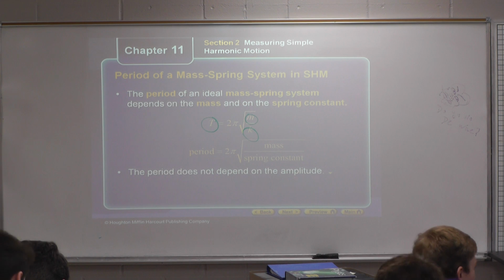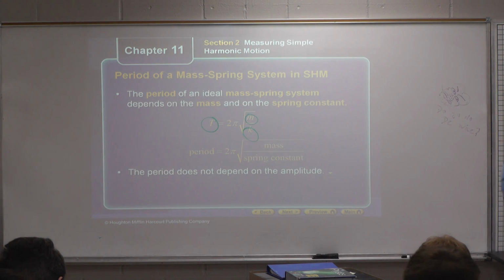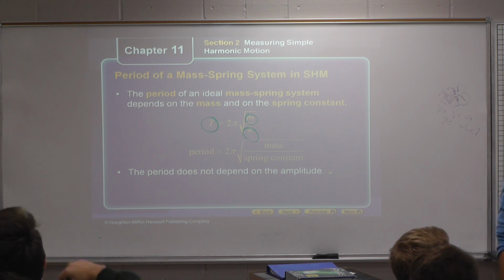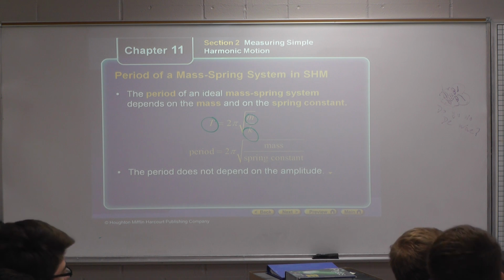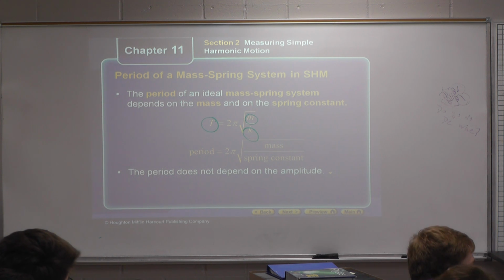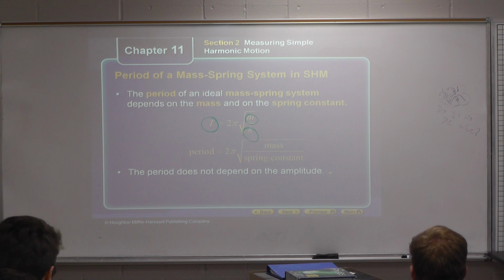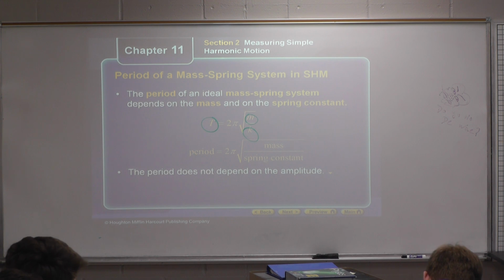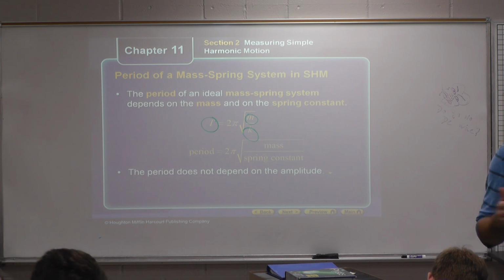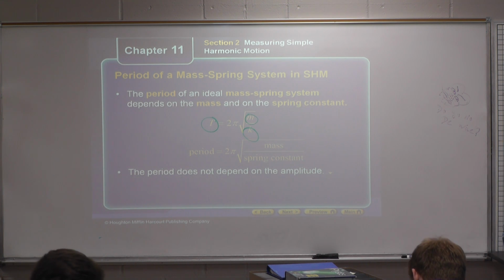The further away I get, the greater the potential energy and the greater the force. So whether I'm a long way or a little way from equilibrium, the force is proportional, which is why the distance from equilibrium does not matter when figuring out the period.